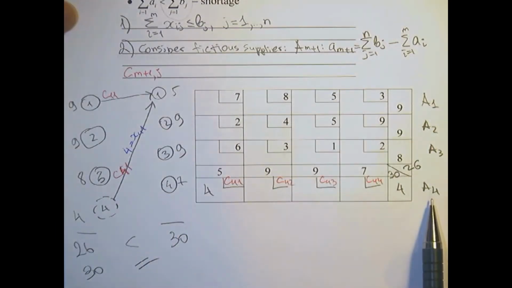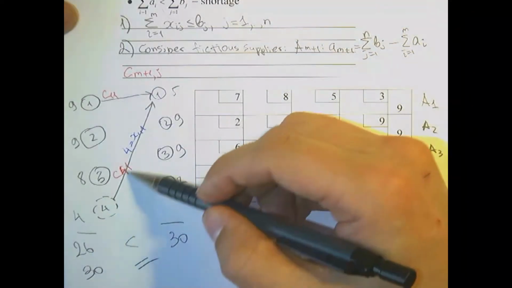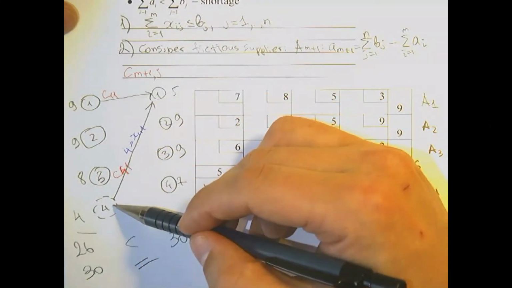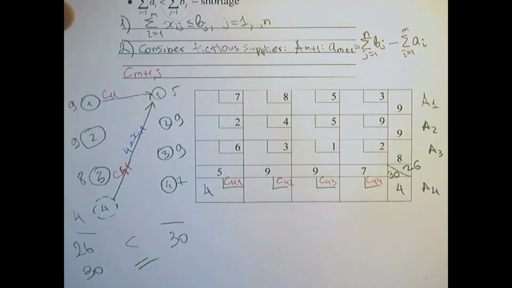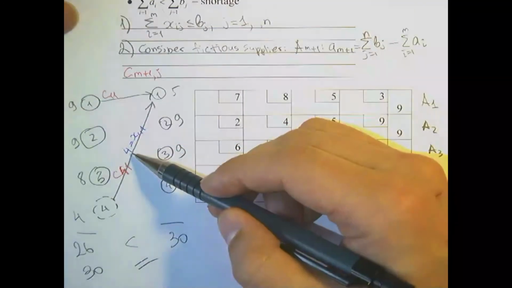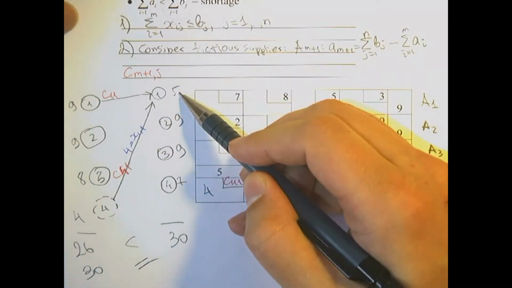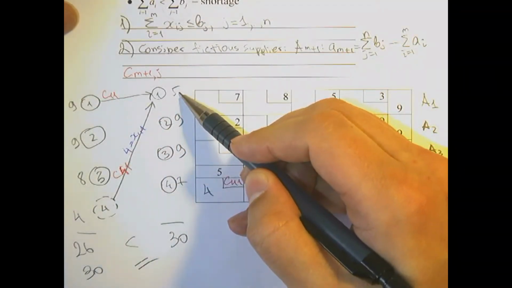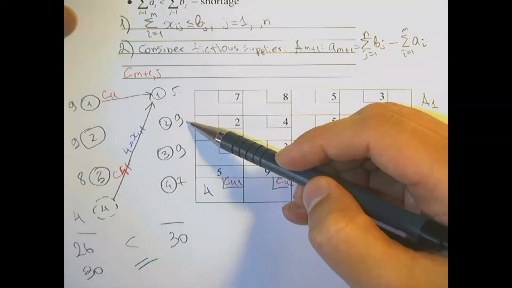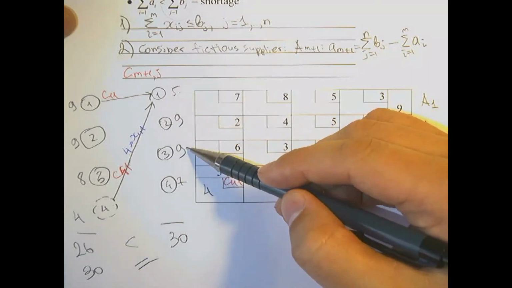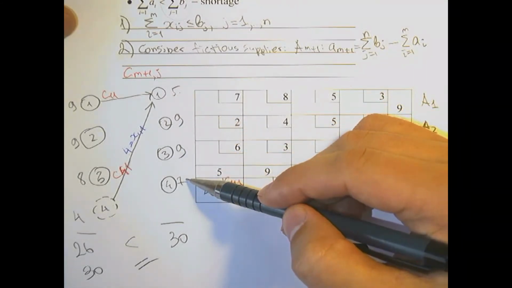Because this is the fictitious supplier, we do not produce 4 Chocoboxes at this place, but our solution is the following: we deliver from the fictitious supplier 4 Chocoboxes to our first customer. The interpretation is the following: we do not deliver 4 Chocoboxes to our first customer. So we meet the demand of the second customer totally, of the third customer totally, of the fourth customer totally.